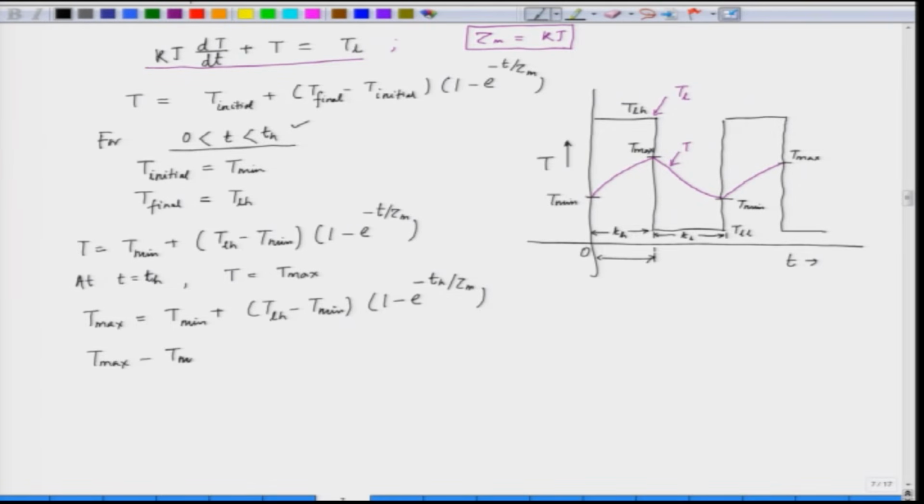T maximum minus T minimum is equal to T L h minus T minimum into 1 minus exponential minus T h by tau m, or 1 minus exponential minus T h by tau m is equal to T maximum minus T minimum by T L h minus T minimum.